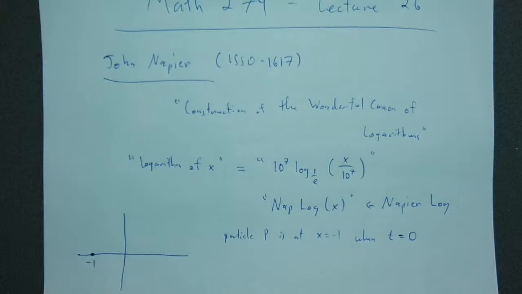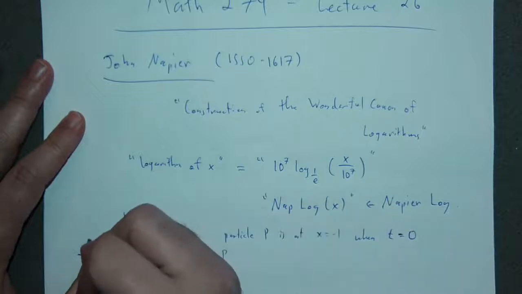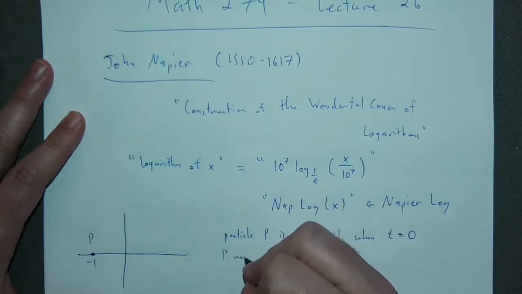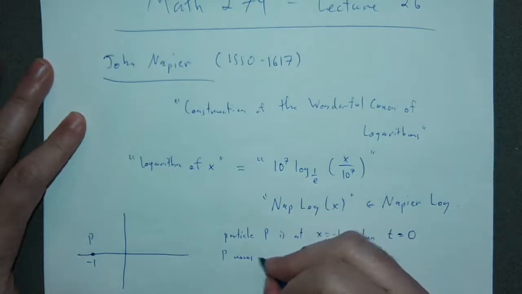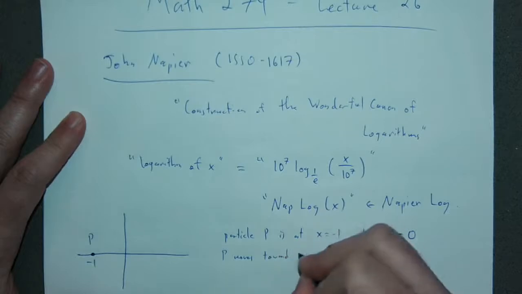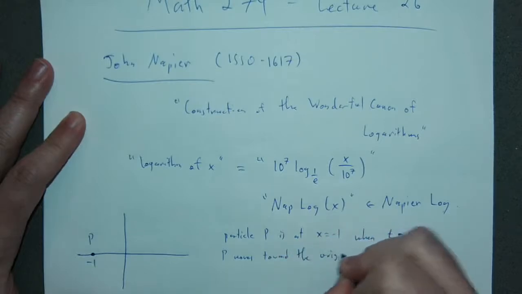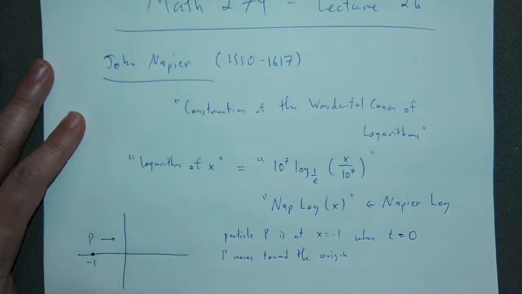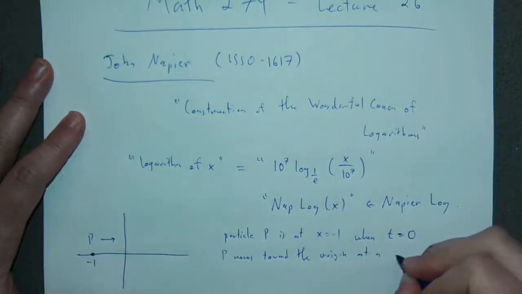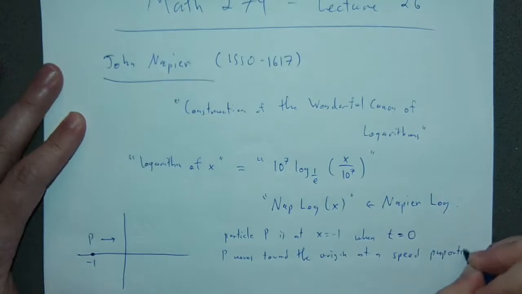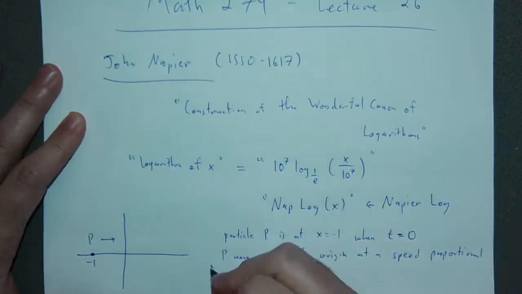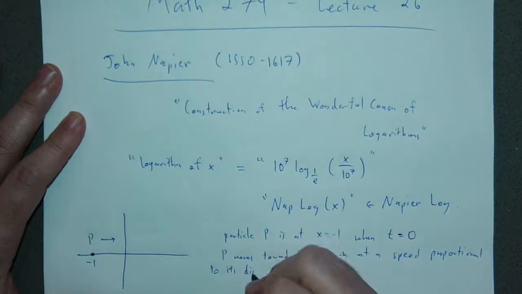What is the idea? The idea is that P moves toward the origin, so it's moving in this direction, at a speed proportional to its distance to the origin.